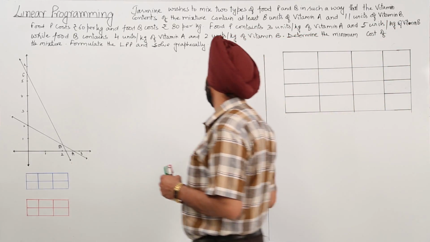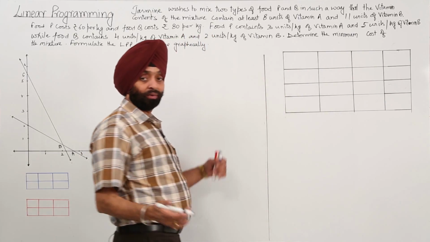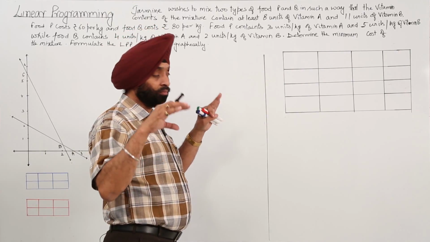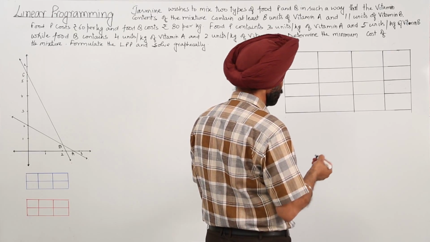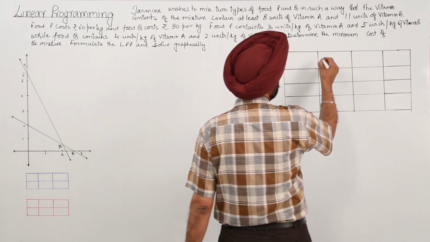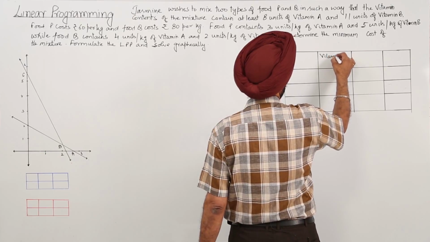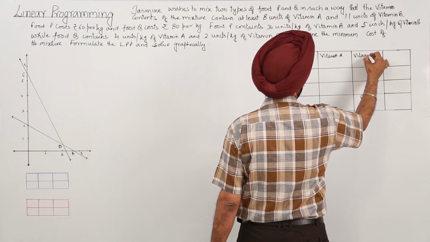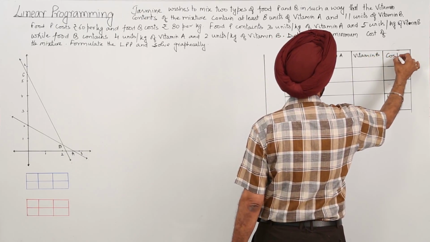Now I have made here two things, one a table and one a rough sketch for the graph which we are going to make. Now why have I made a table? Just to make the question more interesting and easy. Now we can just fill it here in this part. Let this be vitamin A, vitamin B, and this is cost.